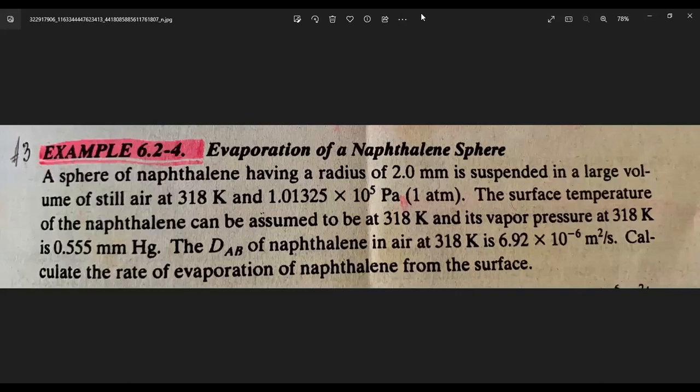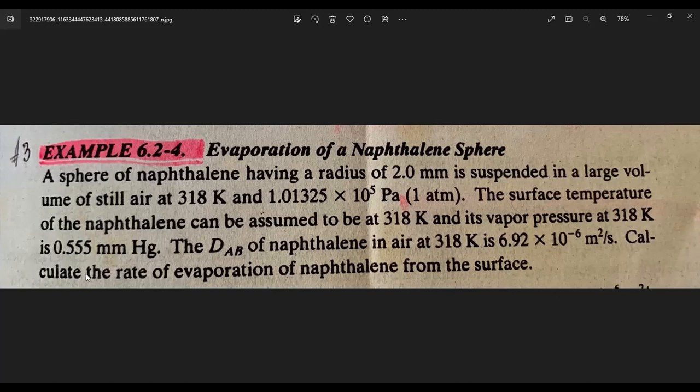This time, it has something to do with the evaporation of naphthalene. A sphere of naphthalene having a radius of 2.0 mm is suspended in a large volume of still air. The diffusion of naphthalene that has evaporated in air at 318 Kelvin and 101,325 Pascal.